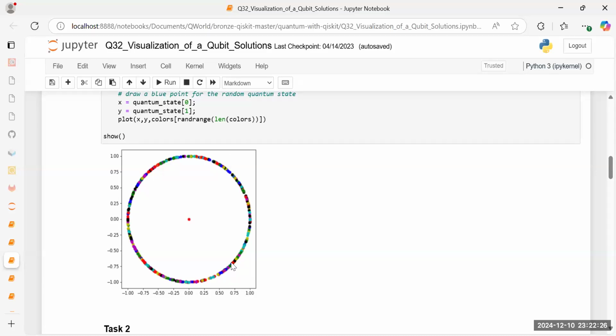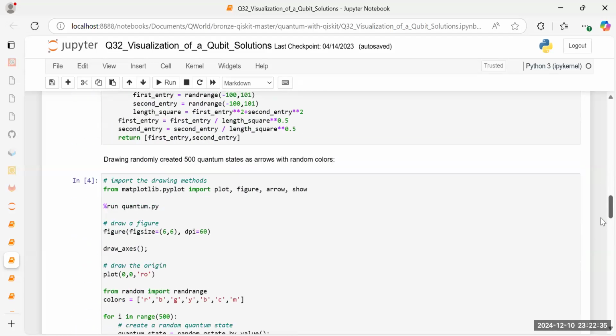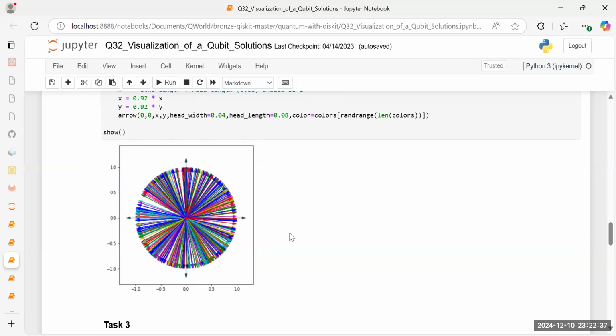So any point you can pick out here, any color you can pick out here is going to be a valid quantum state because it's a point on our circle. So all these vectors you see here, really colorful, are all valid quantum states because these are all vectors of unit length.